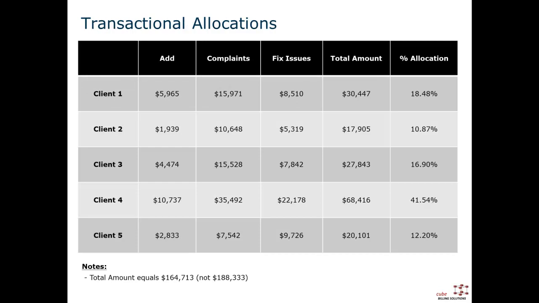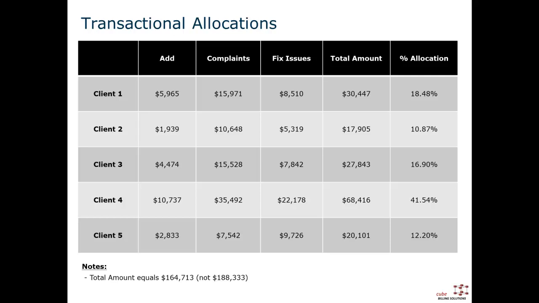However, if we look at the transactional allocations using activity-based costing, we get a slightly different picture. As we can see, we still have the 5 clients, and the dollar amounts within each of these buckets are the volumes that were consumed for each of the 3 different services multiplied by the rate for each of the services being consumed.